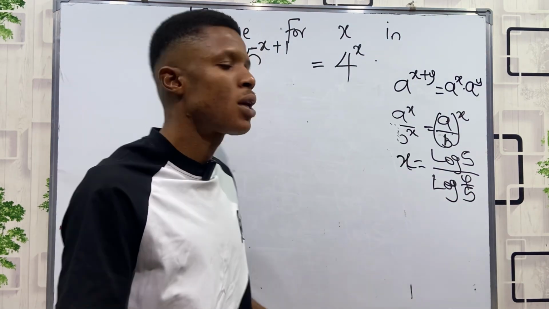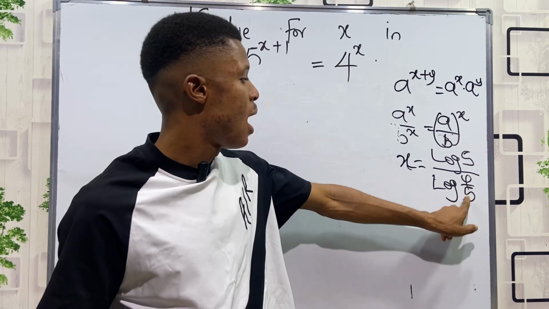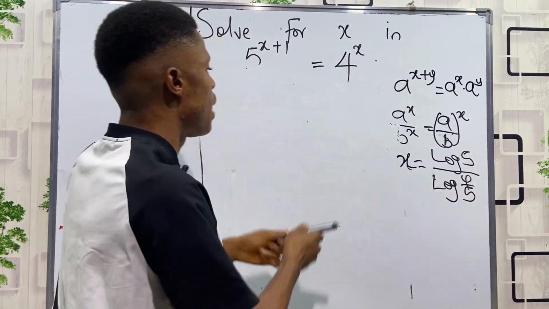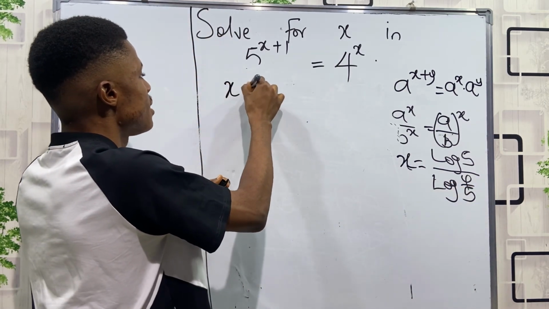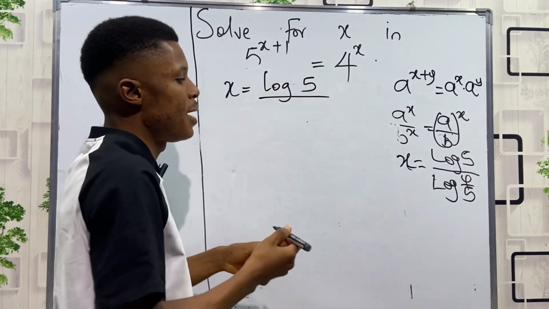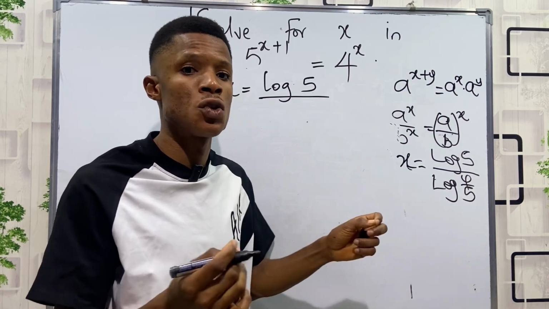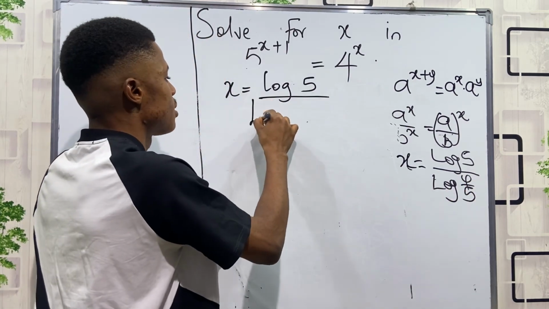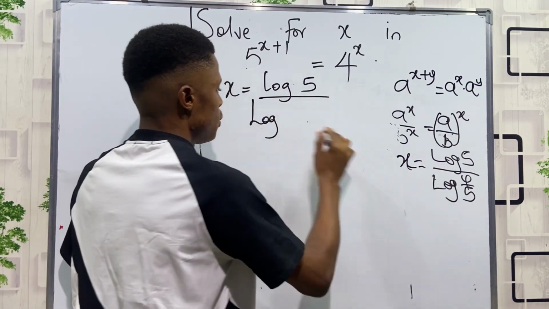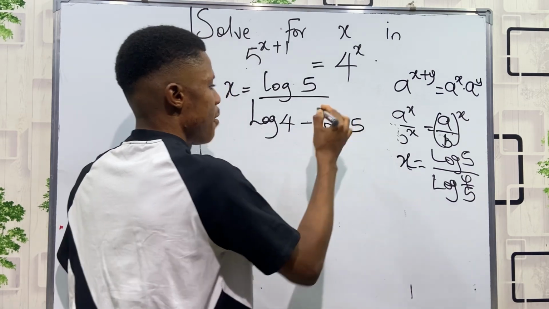Having this, you can recall from the laws of logarithms that when we are dividing the numbers in a logarithm, we are free to subtract. We have it as log 5 divided by log 4 minus log 5.